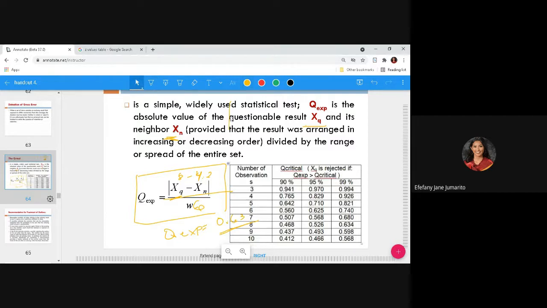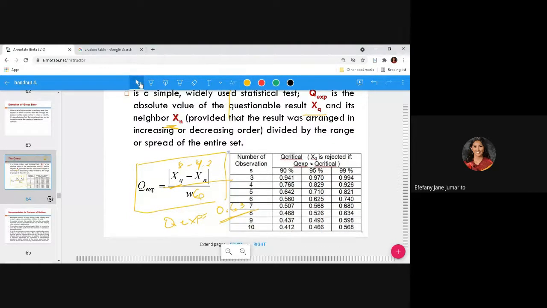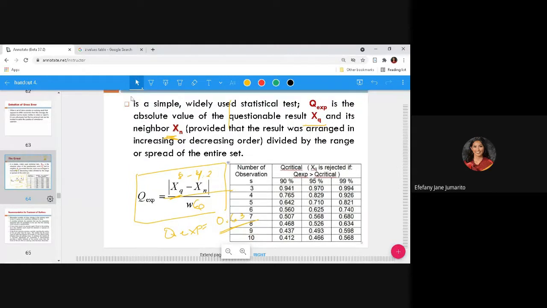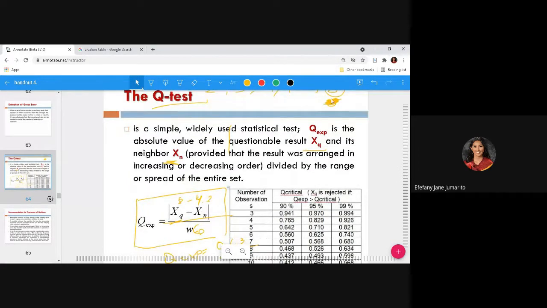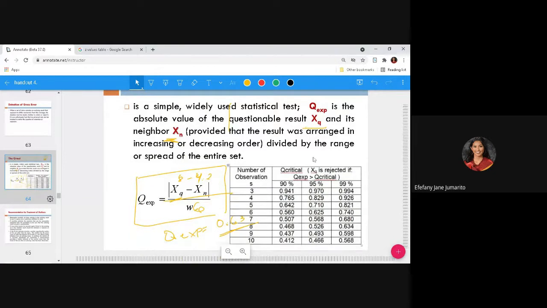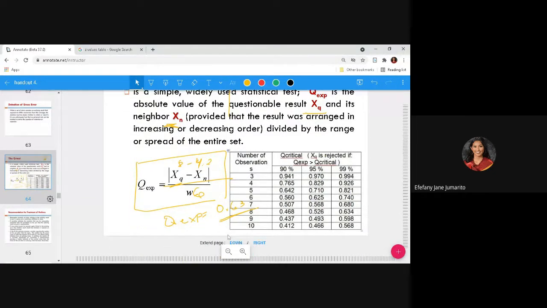Will we accept or reject our outlier? Our outlier is 8. Now for that we will get this one. So we have 0.63.